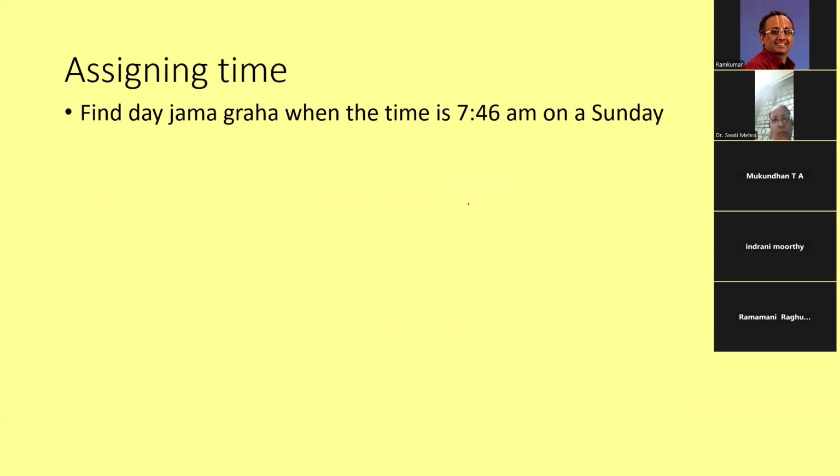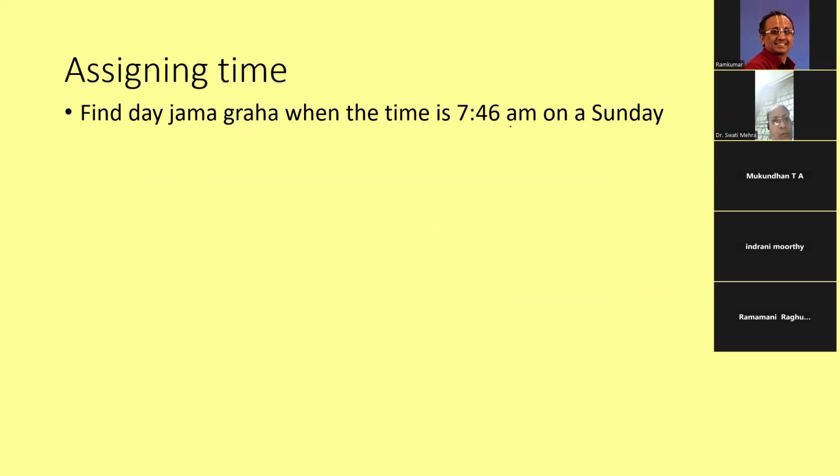Now, first, how do I find out the Jama Graha on Sunday? What will be the Jama Graha which I have to focus on Sunday? Sun. Very good. So at 7:46 a.m., where will Sun be? Aquarius.